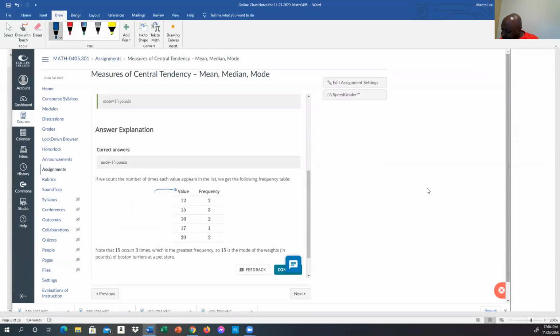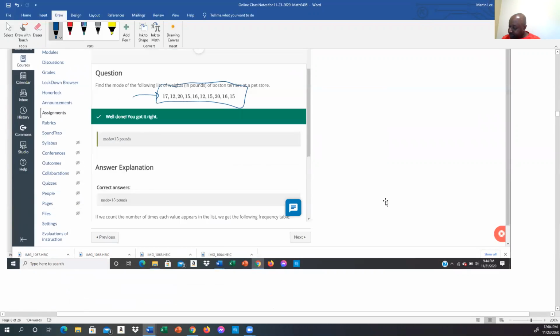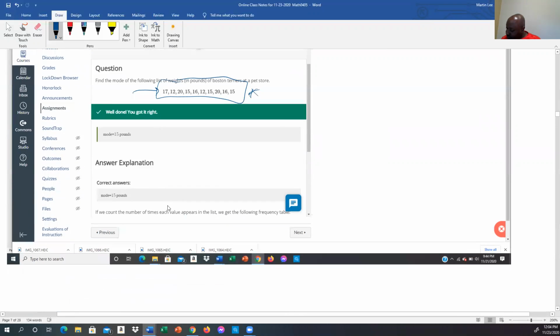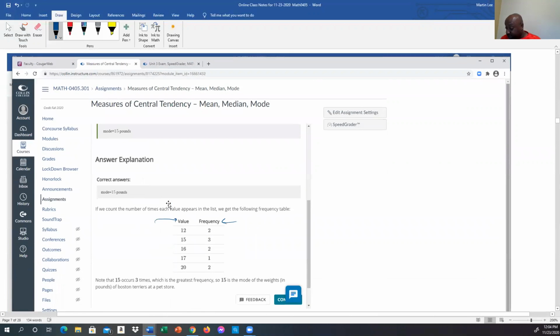It took each value and then wrote down how many times it occurred in this list of data right here, which is a good way to do it.